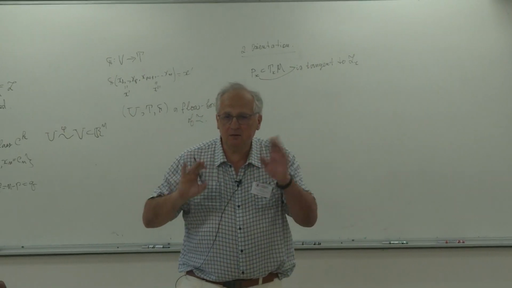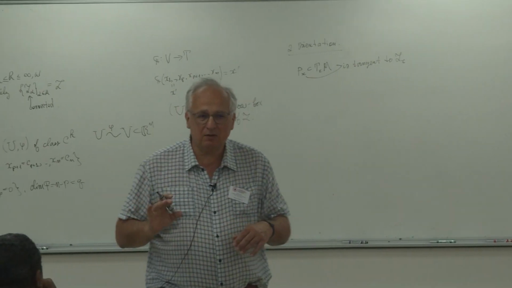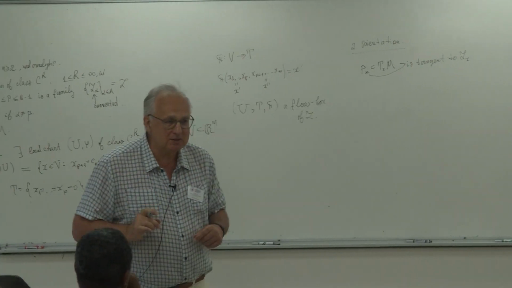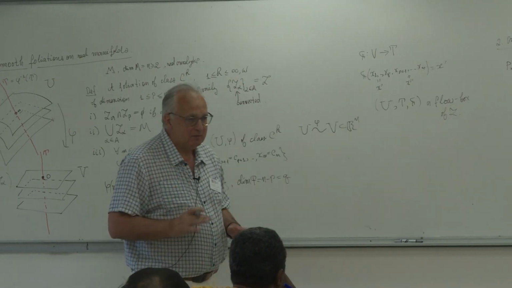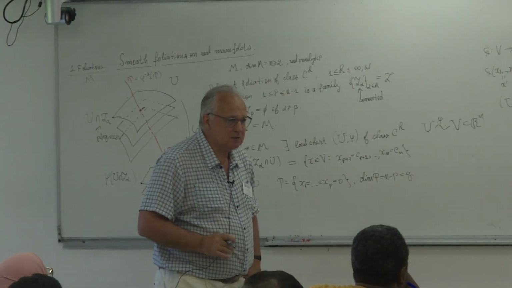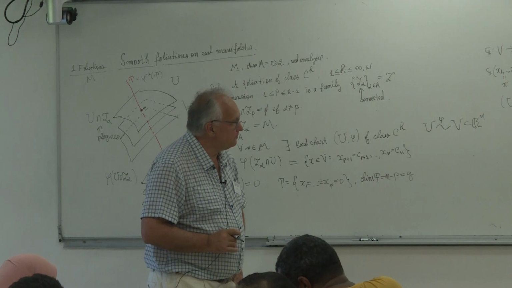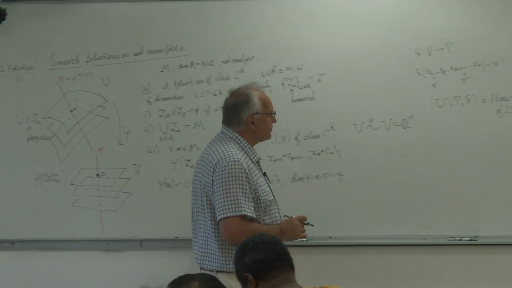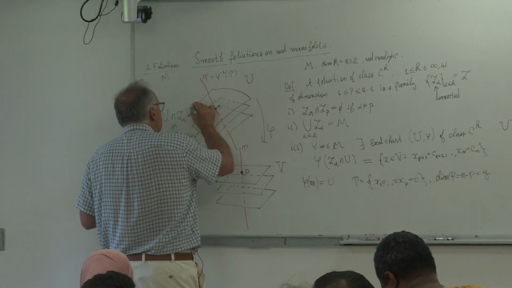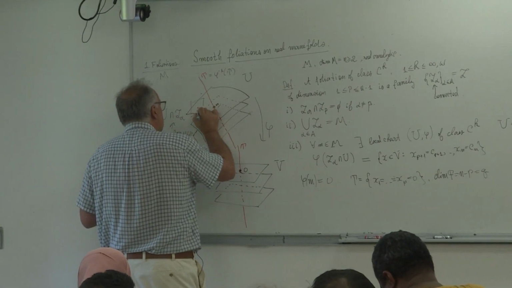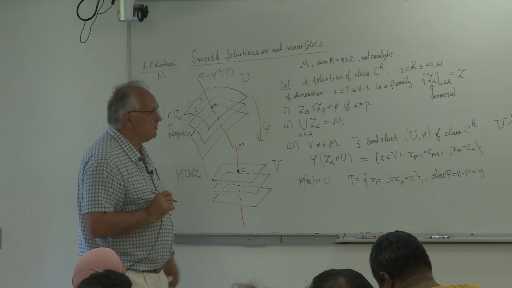Okay, now if x is different from y, it does not mean that L_x is different from L_y, yes? It can be on the same leaf. But usually, it's a customary thing to do. So, at every point x, you take a tangent plane to the leaf at this point.